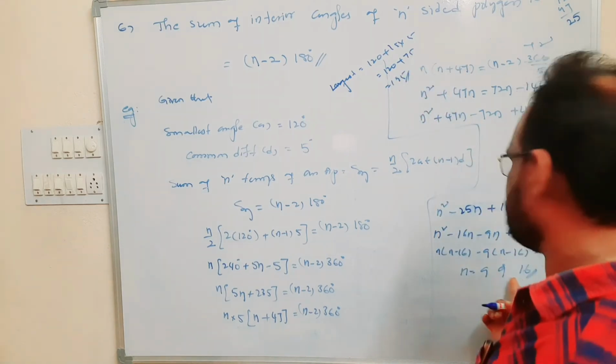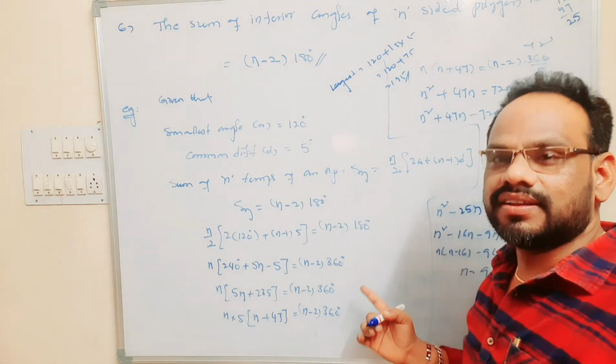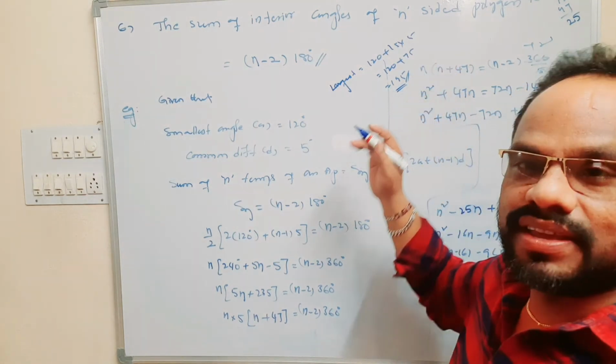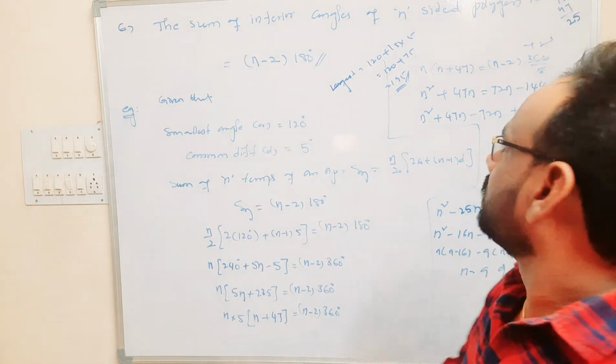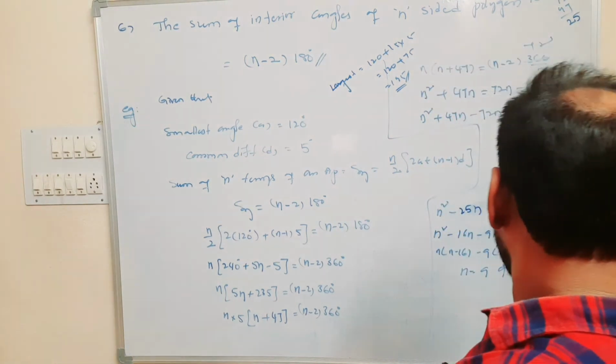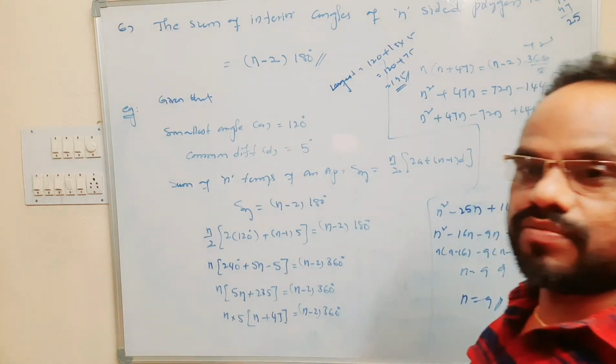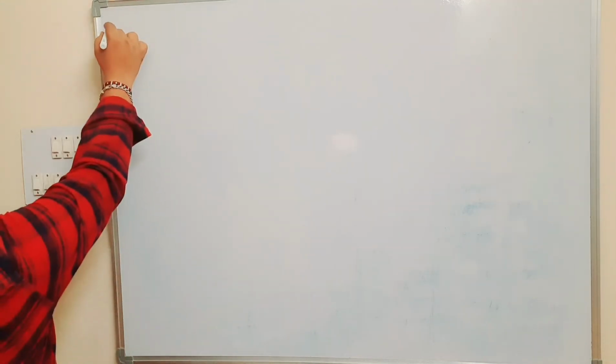So the largest angle here is 195. In a polygon, the largest angle can't be greater than 180 degrees. So n value is not 16. So take n is equal to 9.